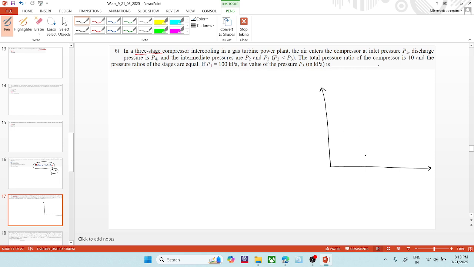So this is a three-stage compressor, and draw the TS diagram. So this is one stage, it will be intercooled, then stage 2, it will be intercooled, then stage 3. Then it will be sent to the CC, then it is expanded in the turbine.